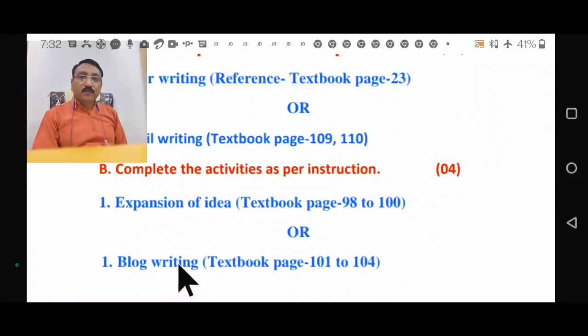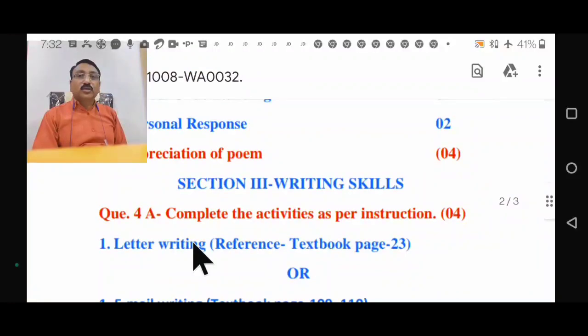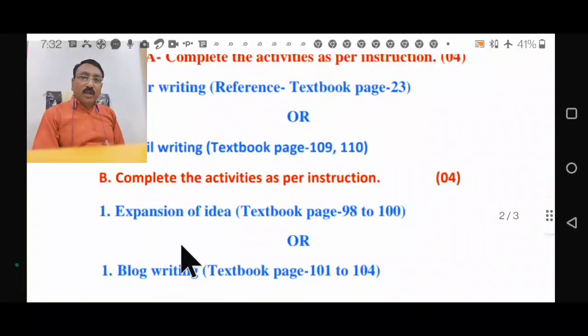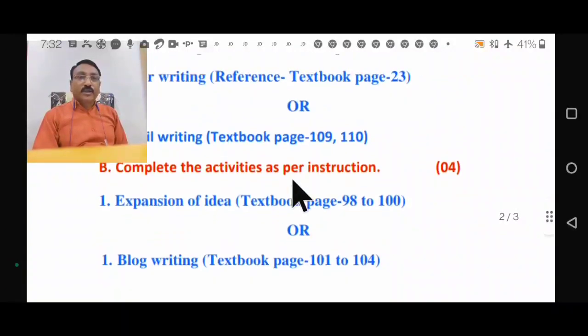So this is how the activities on the writing skills will be based in the activity sheet in question number 4A and B. Here also I will advise the students while attempting all these writing skills, you need to be very careful about the grammar, spelling, punctuation marks to score the maximum marks in the section writing skill.